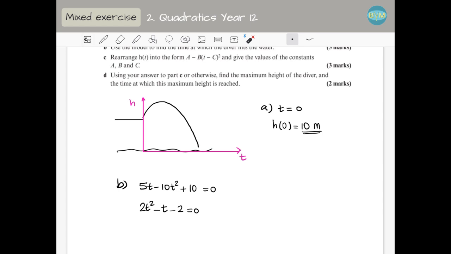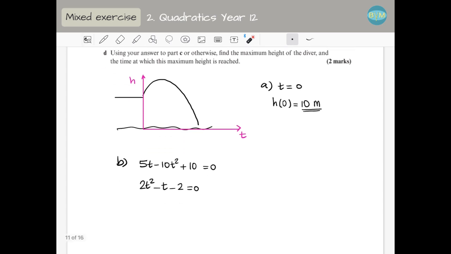And we cannot easily factorize. What we are going to use is the quadratic formula. So t is going to be minus b plus or minus the square root of the discriminant, divided by 2a.